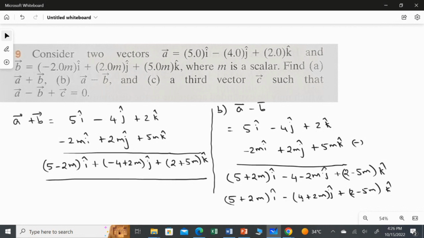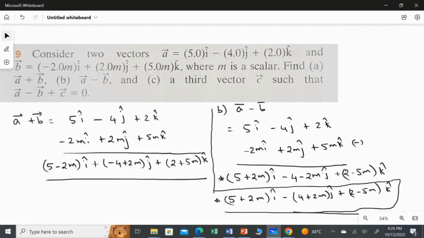So minus into plus becomes minus, minus into plus becomes minus. So I just write this vector equation like this. Clear? So this is the answer for the second part. So we have to consider this one. So better I can make a box.